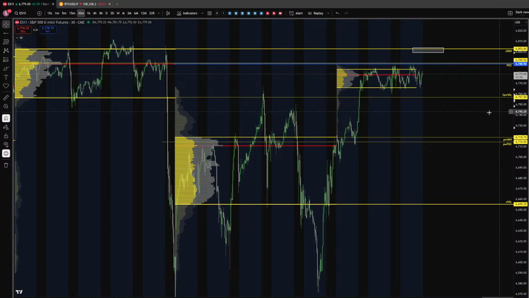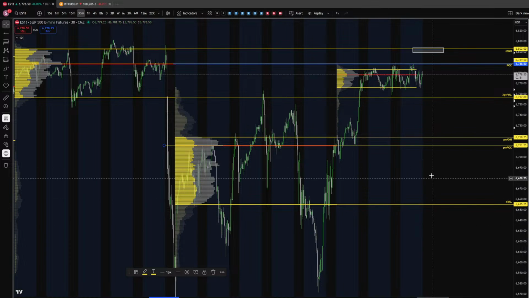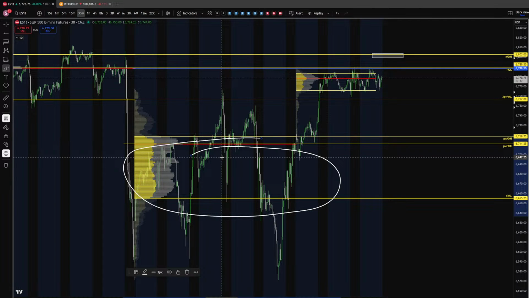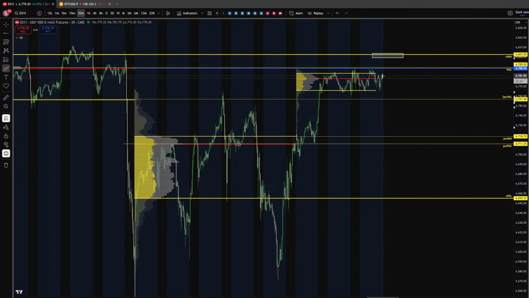Putting back the lines, you can see I have this marked, and I have this marked too. Now this must be said: if we're going to drop from here or from here, or maybe make a new all-time high and drop, and we do the same thing with this volume profile, what I'm expecting is this sort of thing.